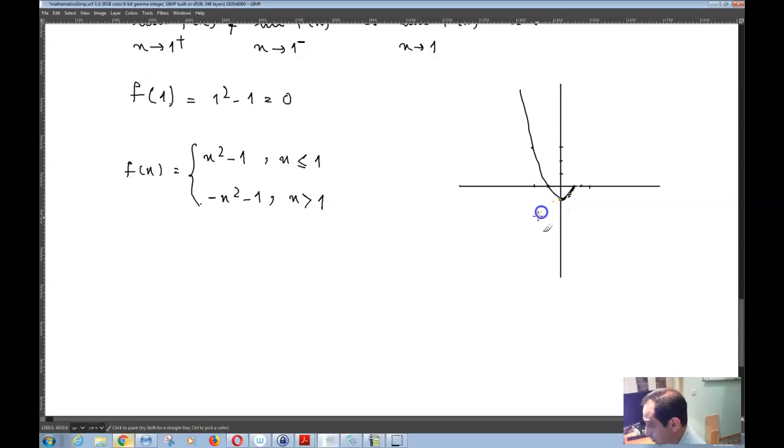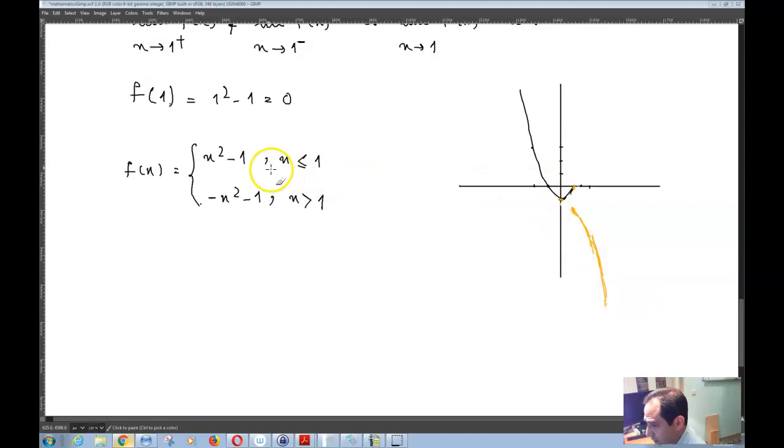So it's going to be this function over here, and this is only for x greater than 1, meaning that starting from this point, x is equal to 1, and then it goes down like this. These parts are not a part of the function, and of course this is not a part of the function.